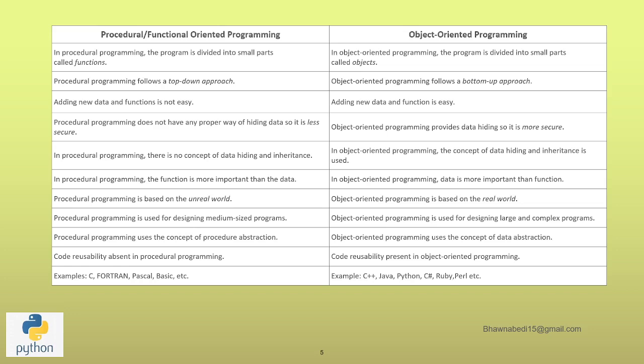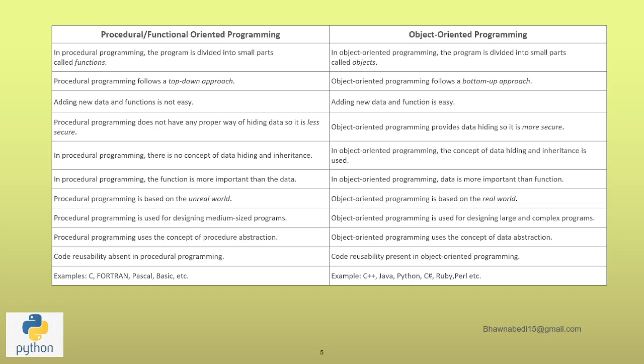I don't have to do much code change, and writing it and understanding it is also very easy. In a similar way, procedural programming is not based on real world entities. Object-oriented programming considers everything as a real world entity. So they consider that all three of them are employees. That is how you have to think when you are trying to do object-oriented programming.